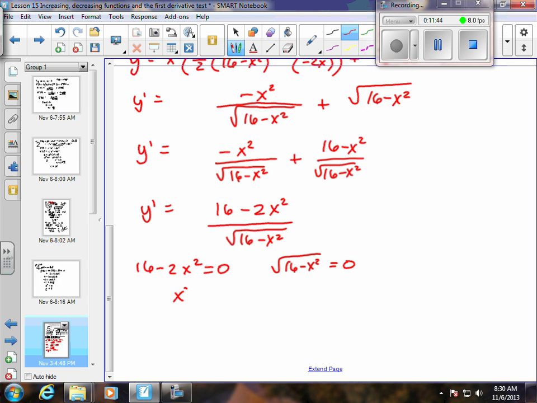So x squared equals 8. Is that right? And then x will be plus or minus the square root of 8. On the other one, I'm going to square both sides, subtract 16 and take the square root to find that x is plus or minus 4.